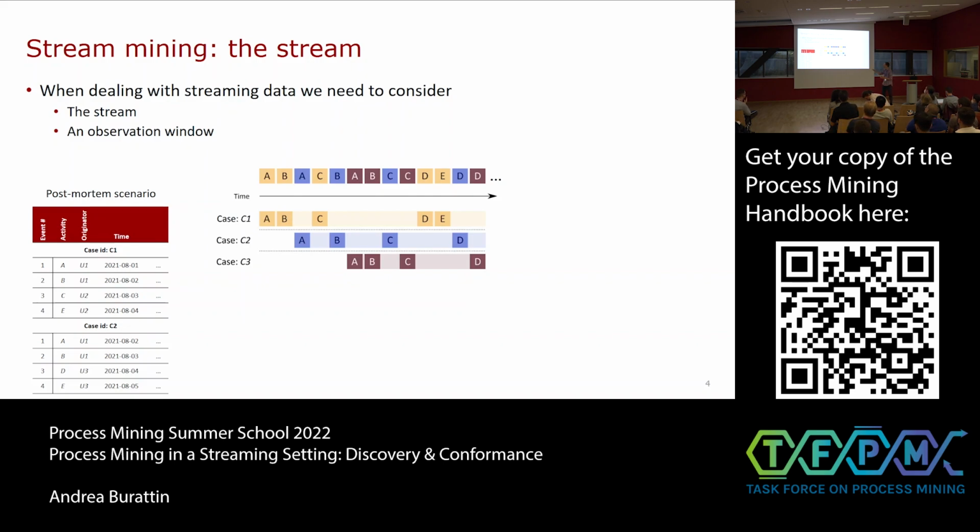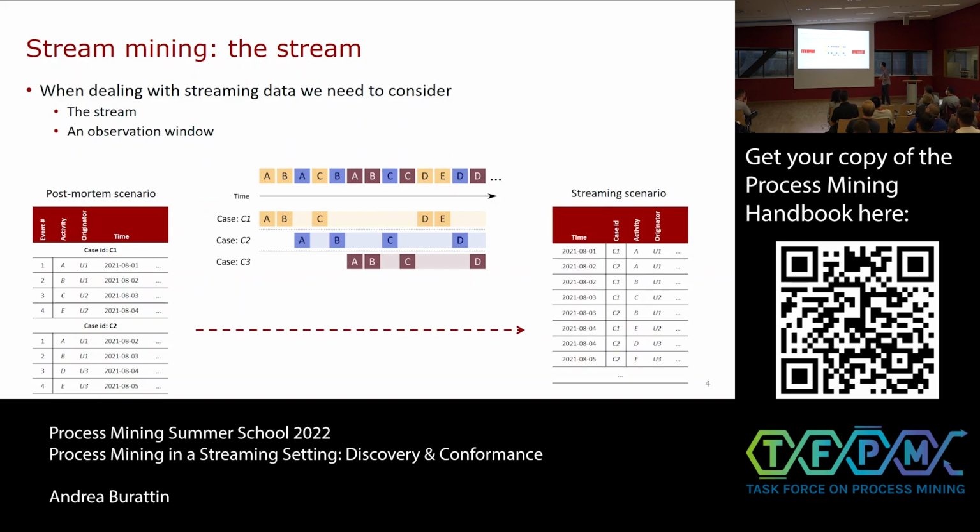When we do post-mortem analysis, you can always group your process instances based on the case ID. So queries like how many events are in these process instances, or what are the starting events for process instances, are fairly easy to answer.